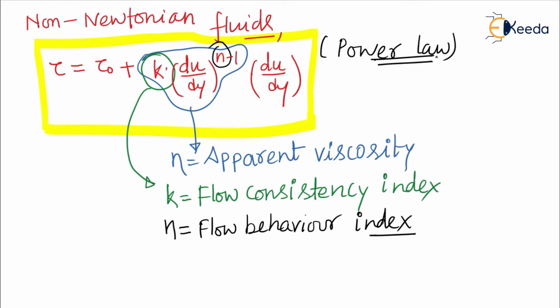Any non-Newtonian fluid can be expressed with respect to this law. We will see in detail that the values of n and tau naught will be different for different fluids, and we can categorize fluids on the basis of those.